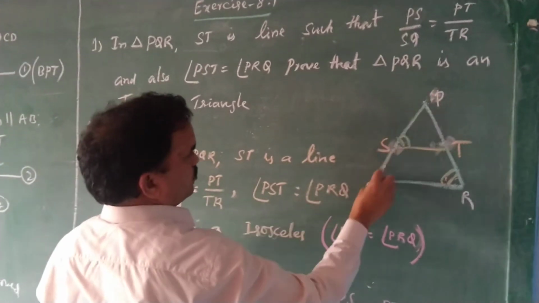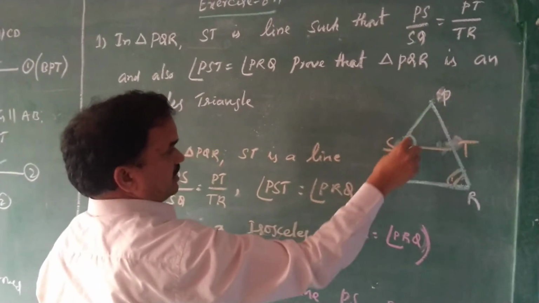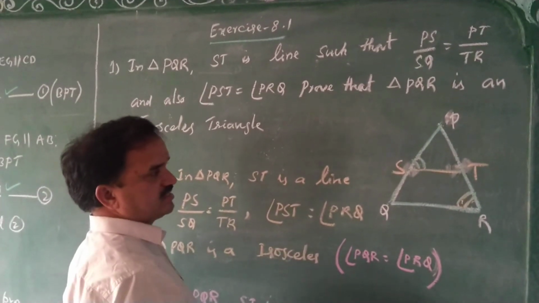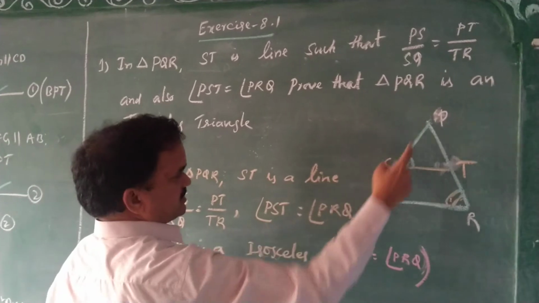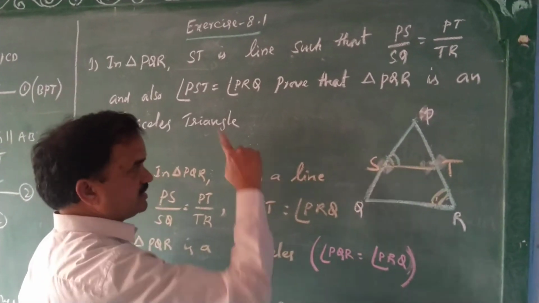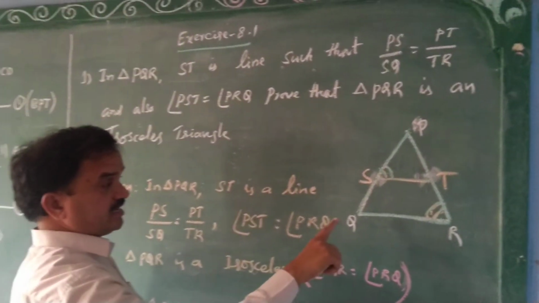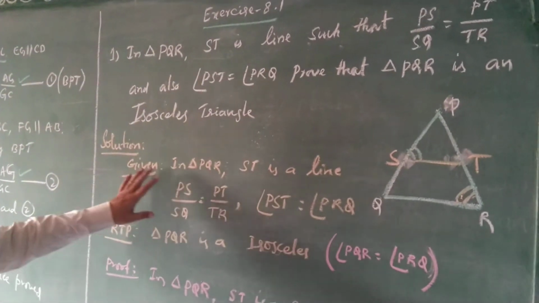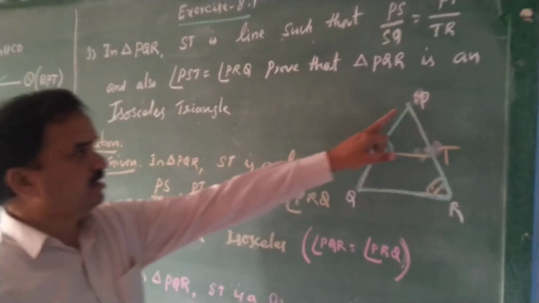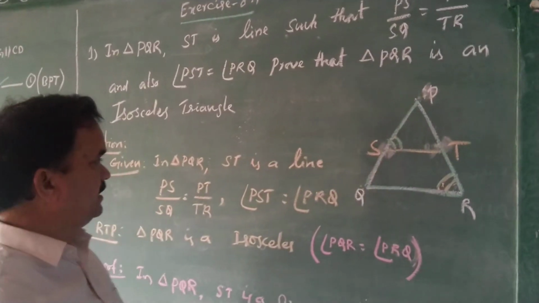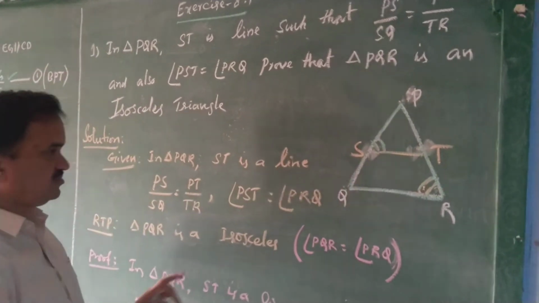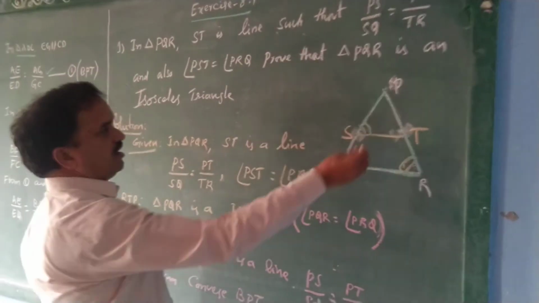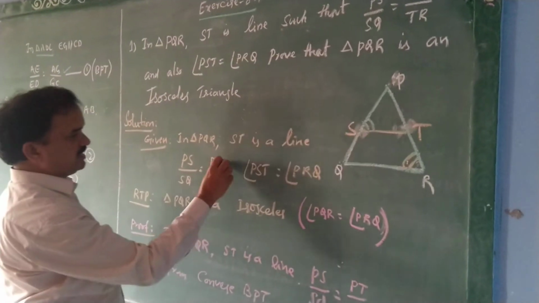An isosceles triangle means two sides are equal, and then two angles are equal. Here you have to show two sides are equal. Given that in triangle PQR, ST is a line, PS by SQ is equal to PT by TR, already given.